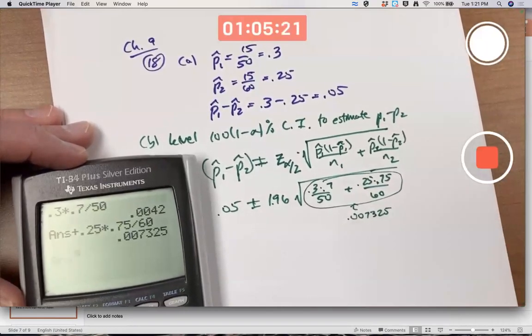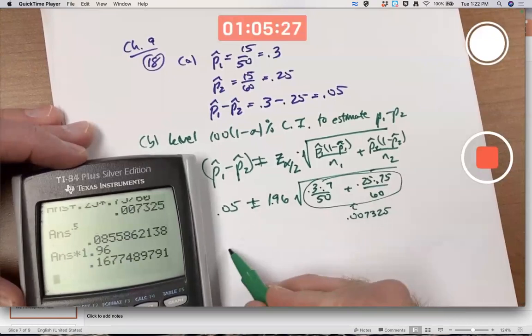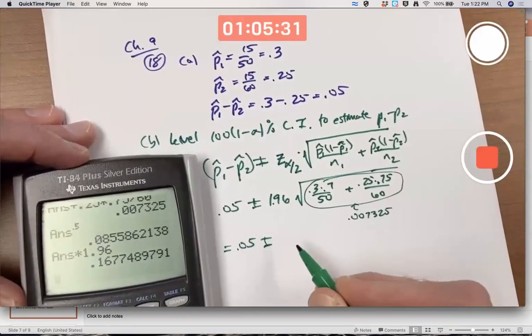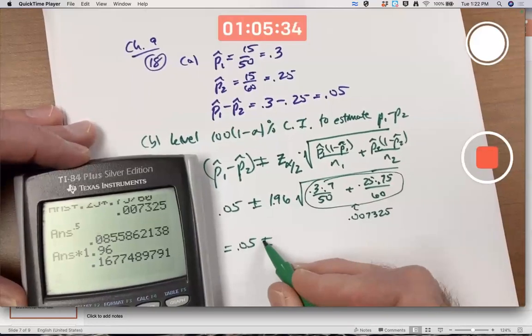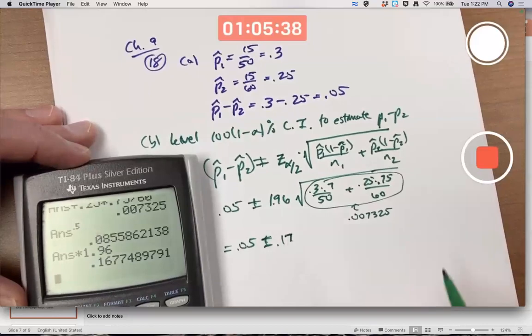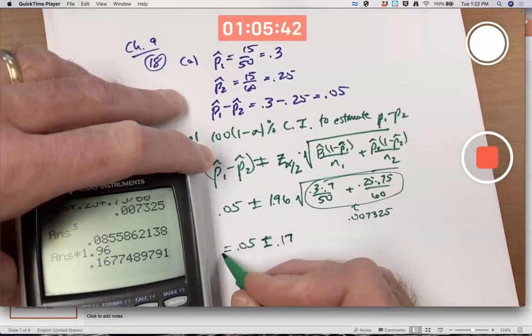Take its square root and multiply times 1.96. Looks like we get 0.05 plus or minus, if we round to the same number of decimal places, I'd round to 0.17. Approximately.